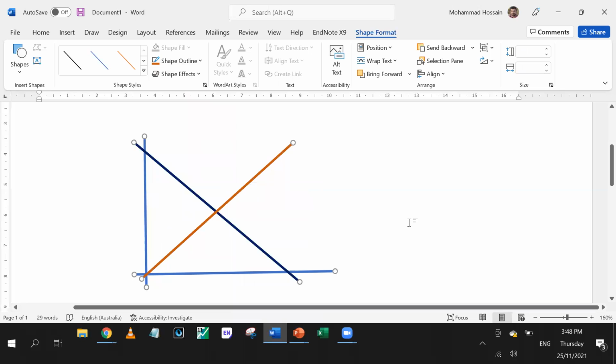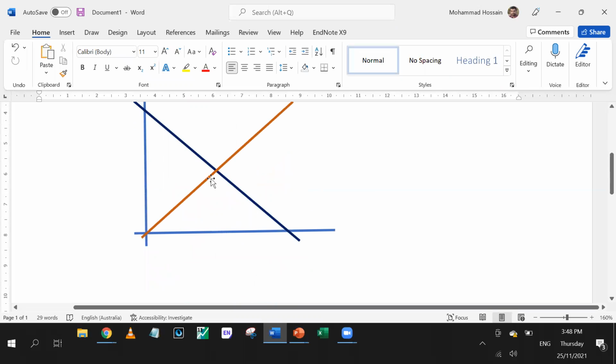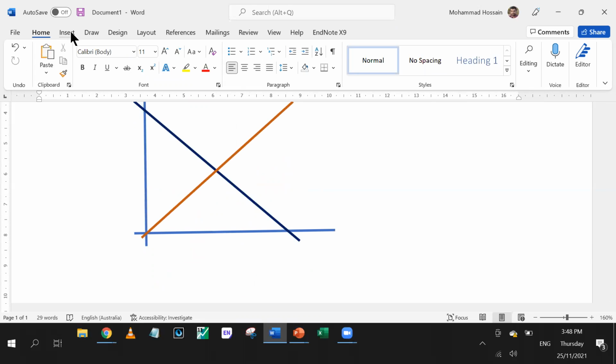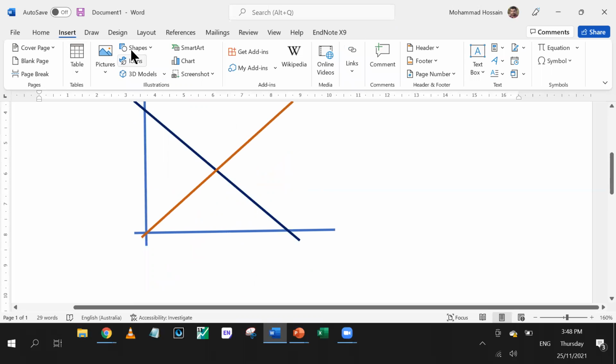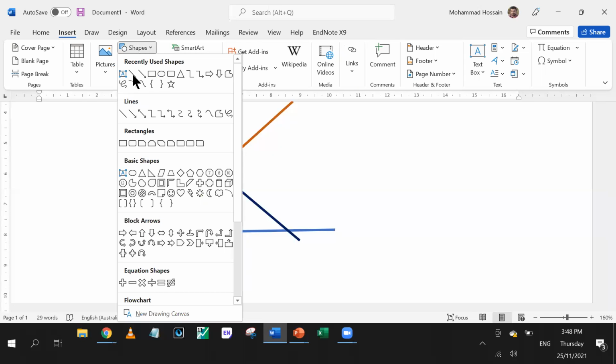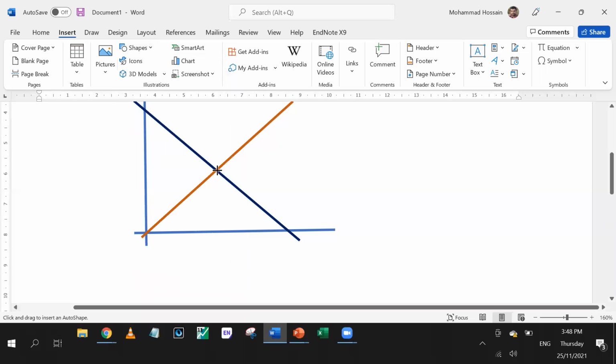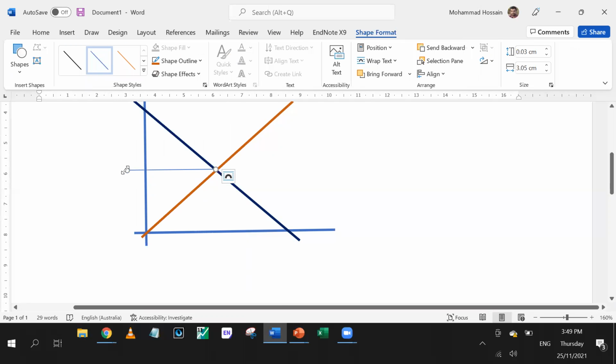You can see your demand curve and supply curve, so you can understand this is your equilibrium point in here. That's your equilibrium point, and this is your equilibrium price.